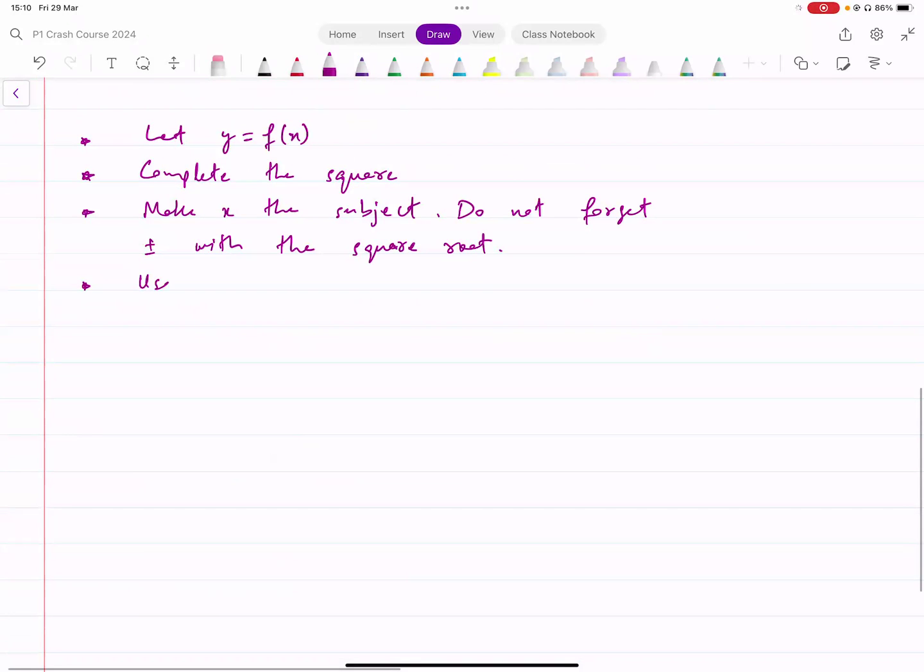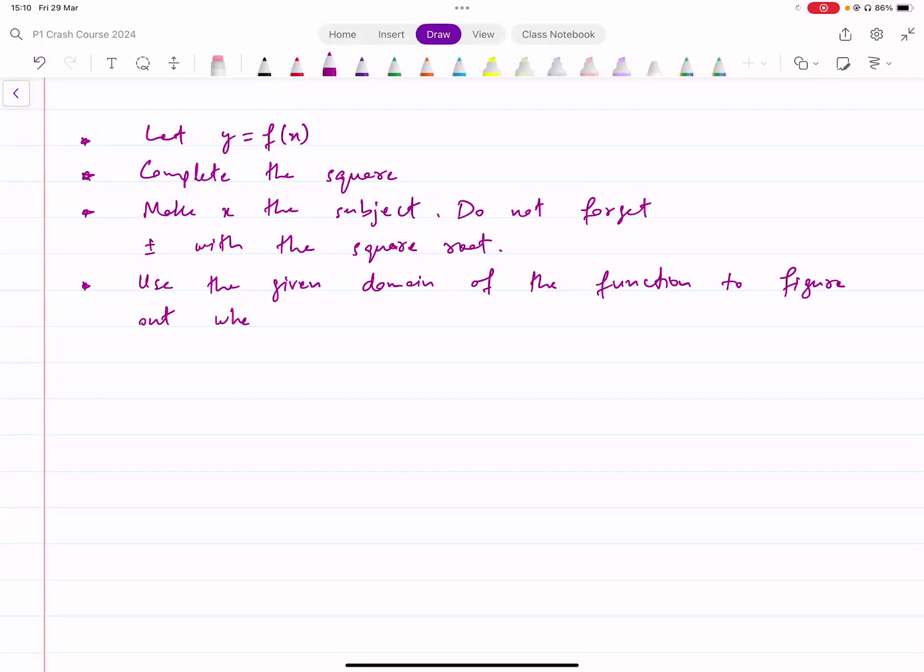You use the given domain of the function to decide whether to put plus or minus in the final result. So use the domain of the function to decide between this positive and negative signs.